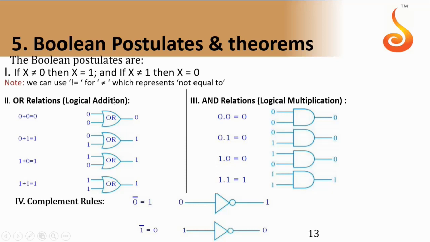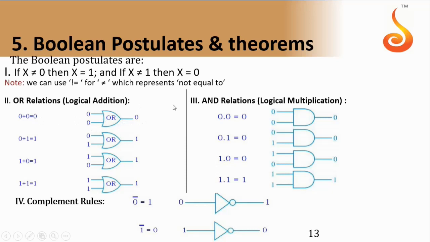What I'm doing is, here the first input is 0 to an OR, second input is also 0. So the result, because there are two or more inputs and it will have only one output, that is what it shows over here, and it is 0. That is 0 plus 0 is equal to 0. This is logical addition.